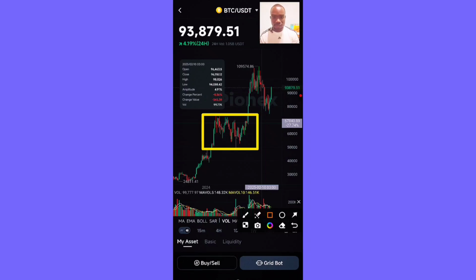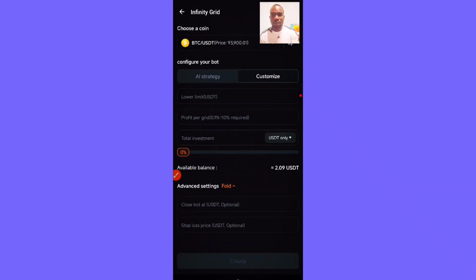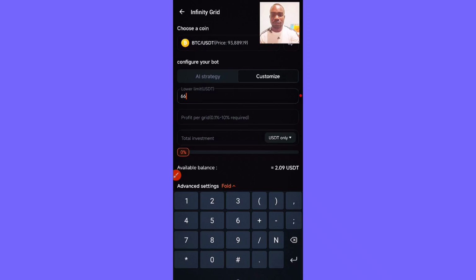You can see with the cross there, I already have 67.8k, but I'd make mine to be 66. So 66 will be my lowest limit. And then from that portion, those grids will start being created as they go up. From 66, 67, I will have my bots, and they will be separated based on my profit per grid that I've set. So just come here, and then you have your lowest limit, 66.